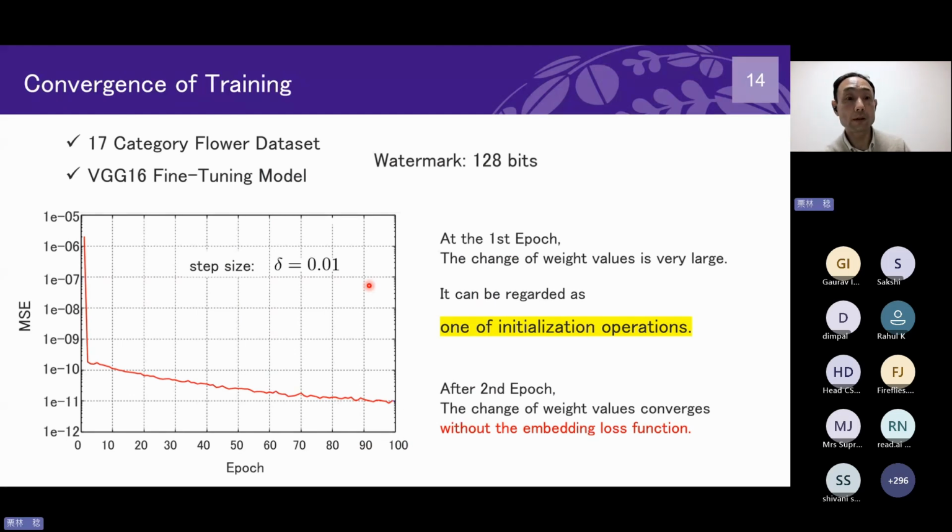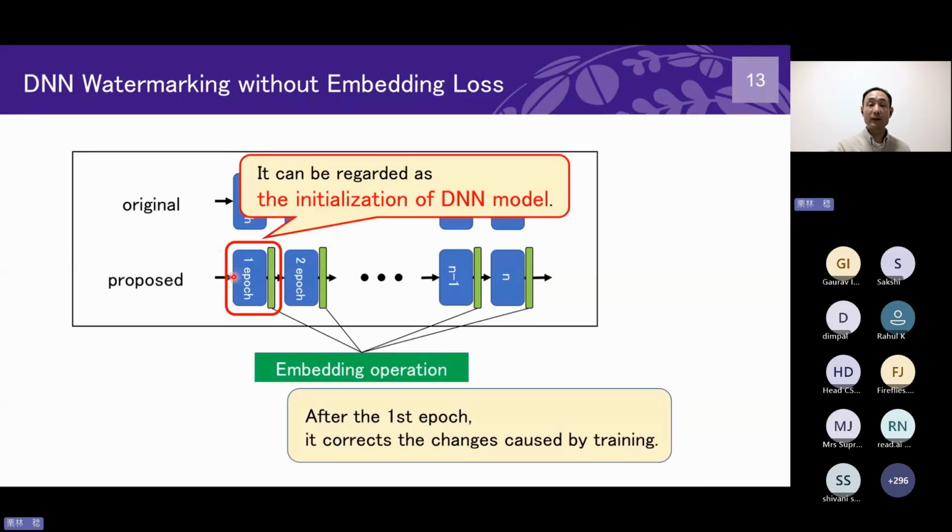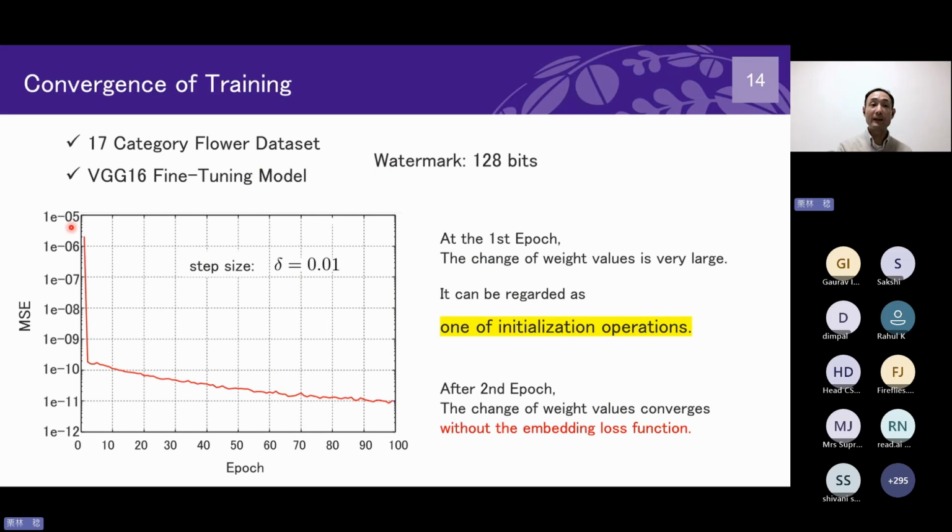Okay, this slide shows some numeric values as an example of the convergence of the training. As you can see, at the first epoch, the mean square error of the weight parameters is very large, because at the first epoch, it moves the initial point towards the other initial point. So it causes a big difference from the weight parameters of the original AI models.